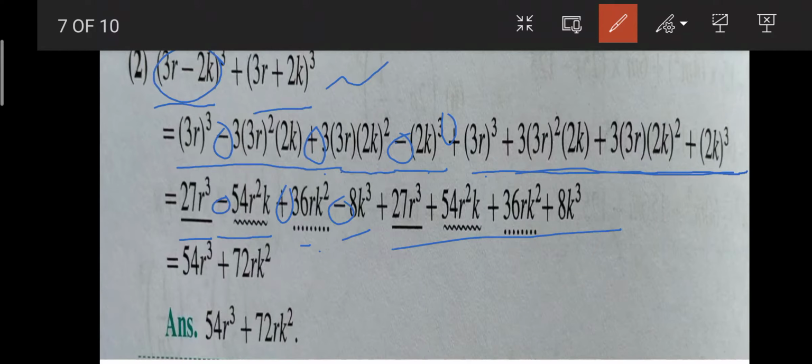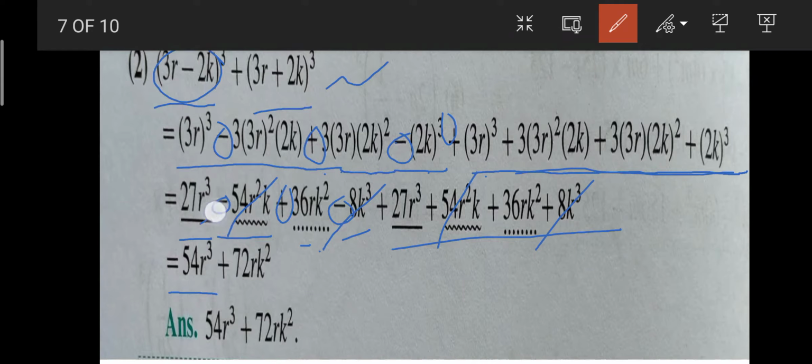Now students, over here this minus 54r square k and plus 54r square k will get cancelled. Now minus 8k cube and plus 8k cube, so when we do minus 8 plus 8, we get it cancelled. So what is left now?